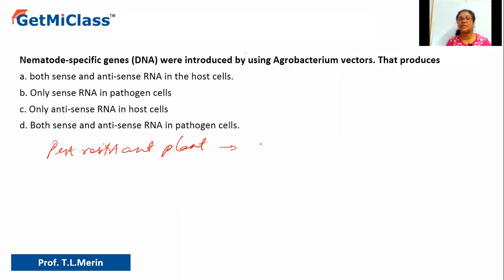That is, of course, in the plants. Plants are nothing but the host here, and the nematode is nothing but the parasite.